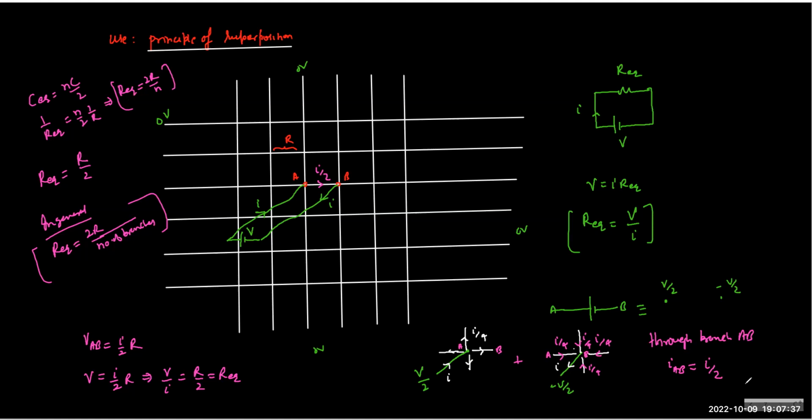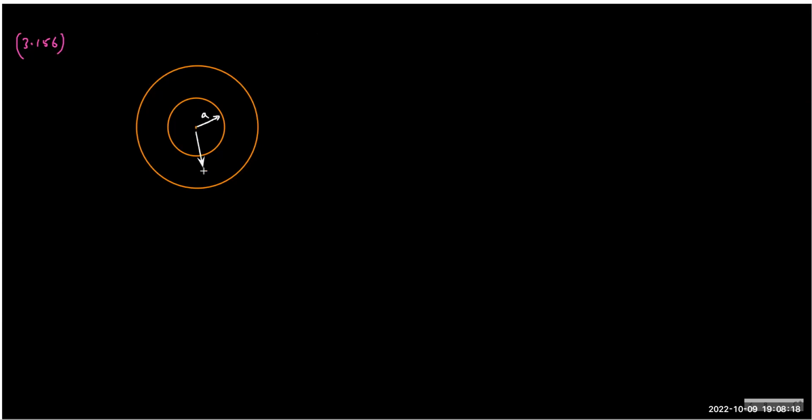So let me draw the question. 3.156. The space between two concentric conducting spheres of radii A and B is filled with homogeneous poorly conducting medium.